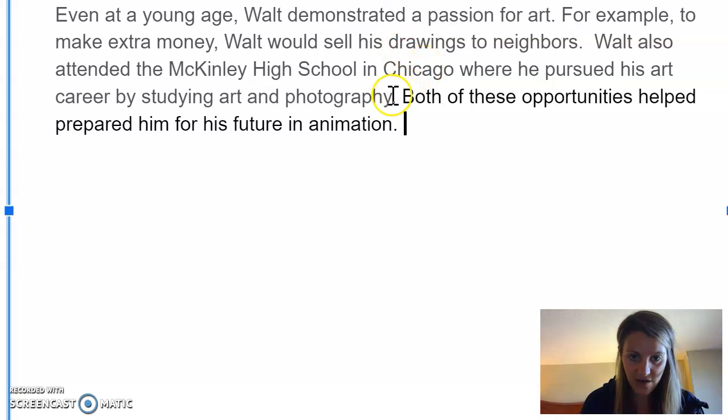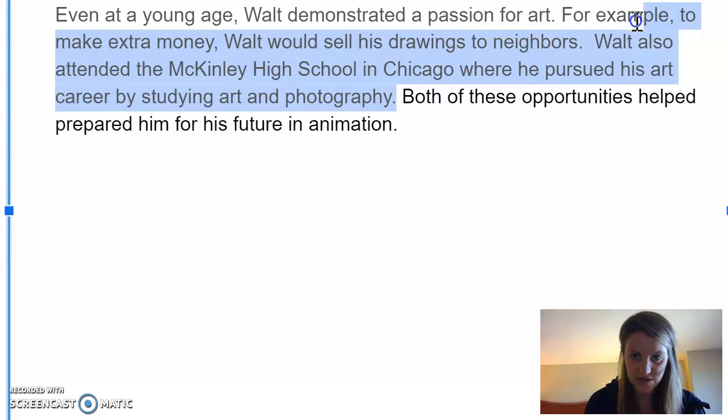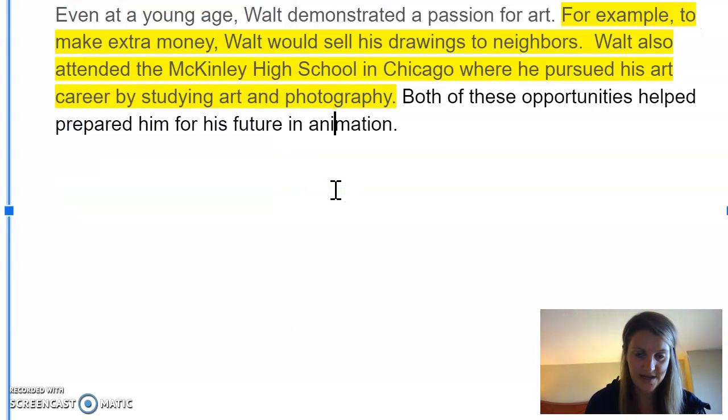So I have this sentence right here, and then this one up here. Okay, these are my concrete details. Highlight all of that. And it said highlight in yellow, so there they are, highlighted in yellow.